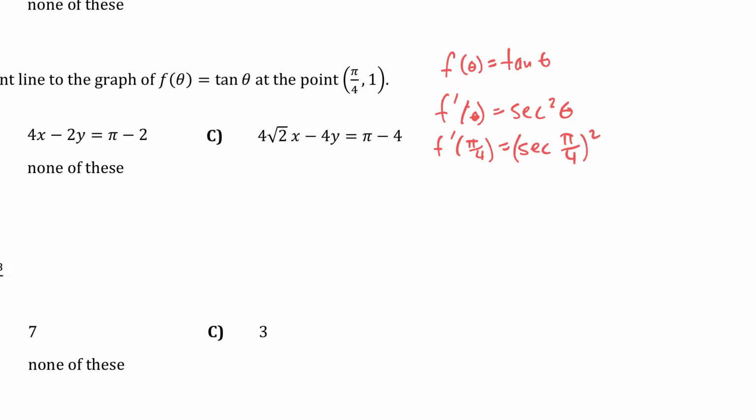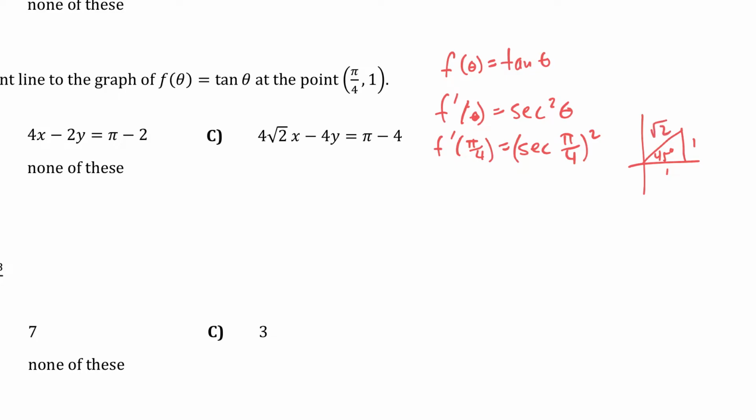And so what is the secant of pi over 4? Well, we can have a little unit circle triangle right here, and this would be 1, and that'd be 1 when we have 45 degrees, which is pi over 4 in radians, and that means this is square root of 2.